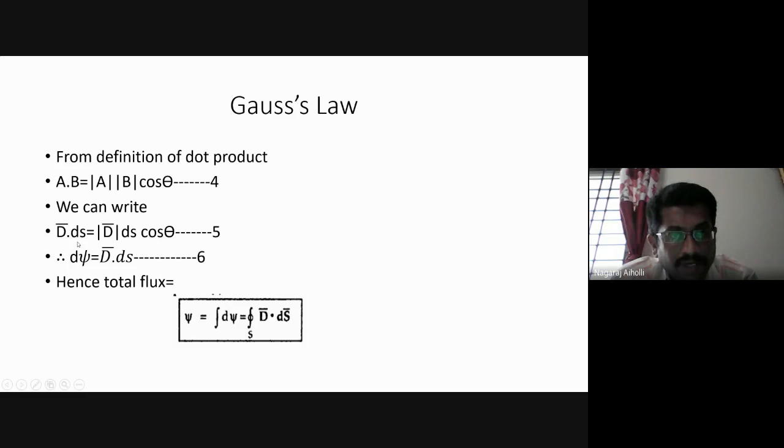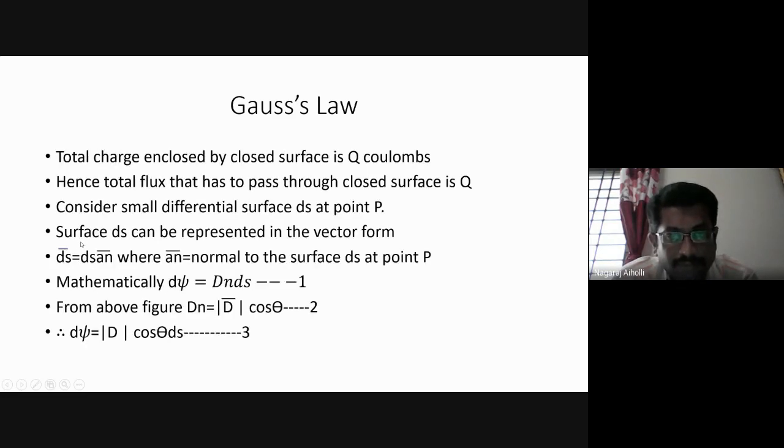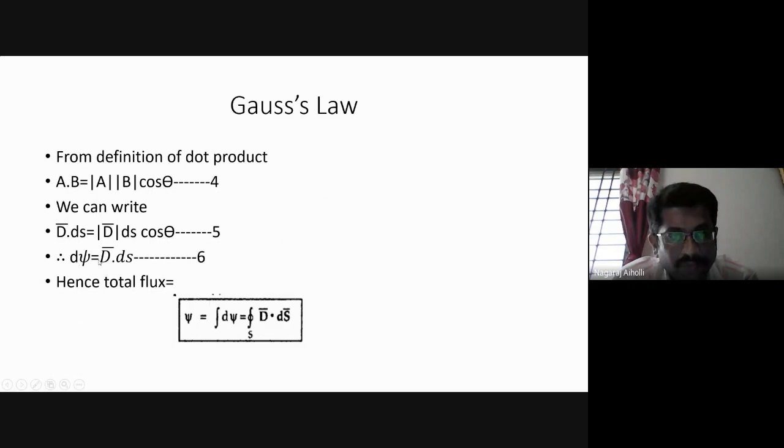Then D bar dot ds, look back at the previous equation. D bar dot ds, or dn into ds, is our d psi, that is the flux. Therefore, I will write d psi is equal to D bar dot ds. Hence, this is the flux for that elemental surface.